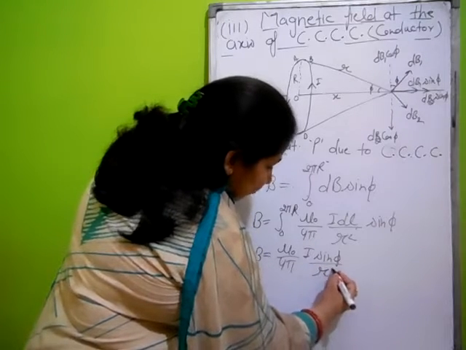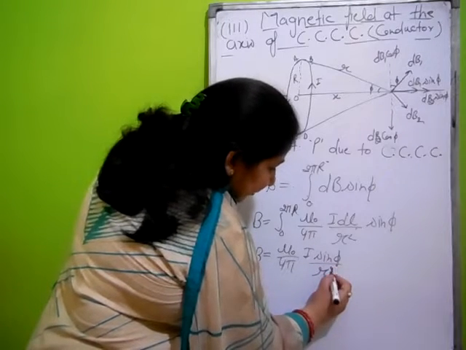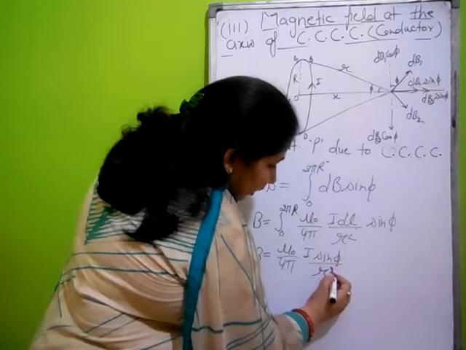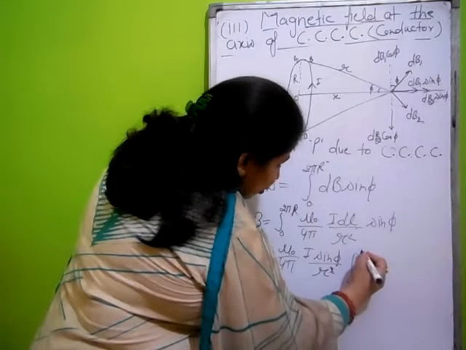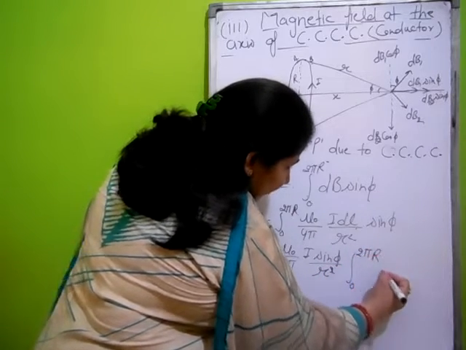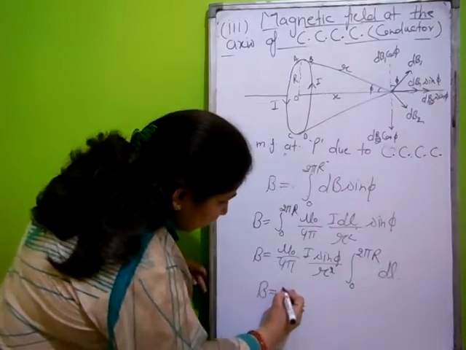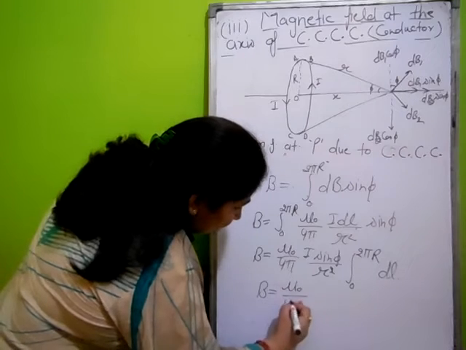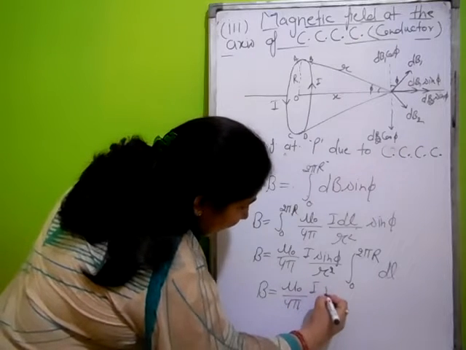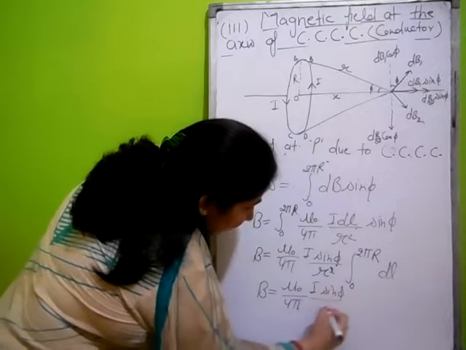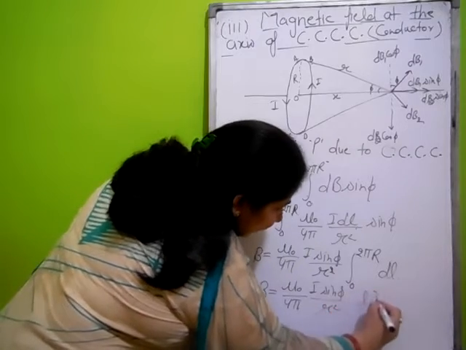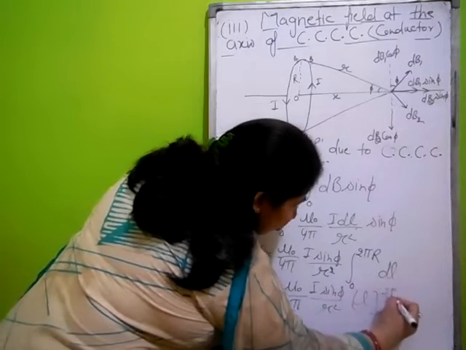R will remain the same for all the current elements throughout the perimeter of the coil. Then integrate dl from 0 to 2 pi r. After integration we have B is equal to mu naught upon 4 pi, I sin phi upon r square, L with limit 0 to 2 pi r.